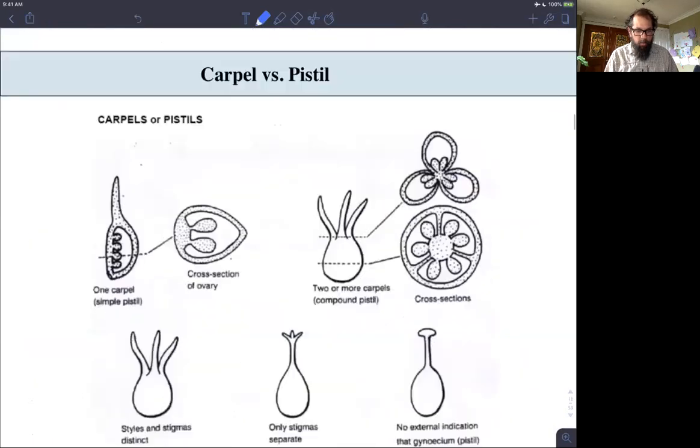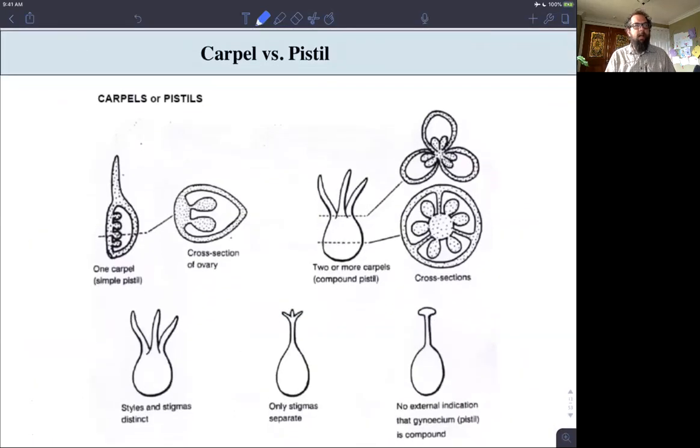Okay, so what is this deal with carpels versus a pistil? Here I have a diagram that shows 1 simple pistil made up of 1 carpel. When I take a cross section of that simple pistil, I see 1 placenta where the ovules are attached in that one ovary, making this 1 simple pistil.